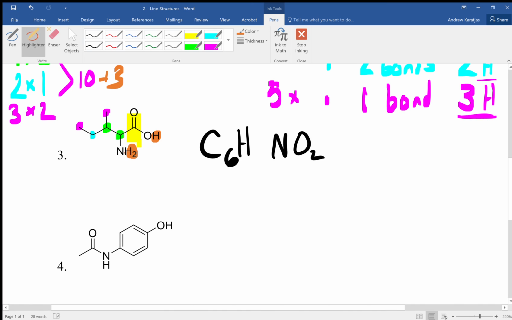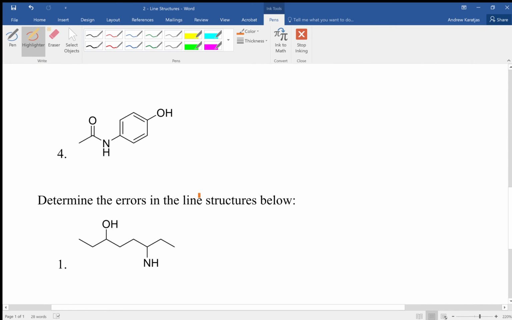Those are just as is, so there's 3 more, and we end up with a total of 13 hydrogens. And we can go through the same step-by-step thing with number 4, highlighting our 8 carbons.